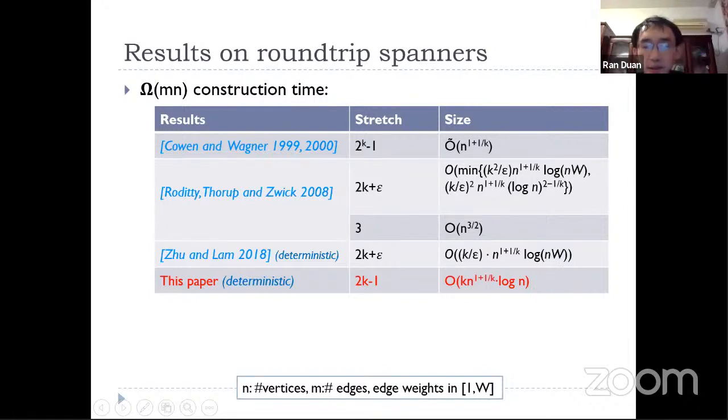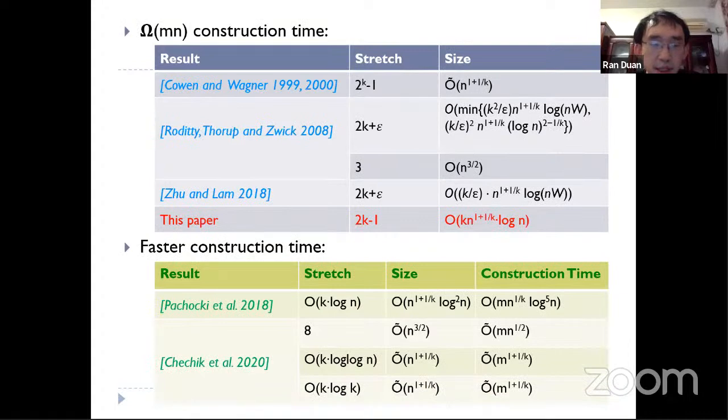So this is closer to the lower bound. And our construction time is like Omega(mn). Of course, there are many round-trip spanners with faster construction time than that.